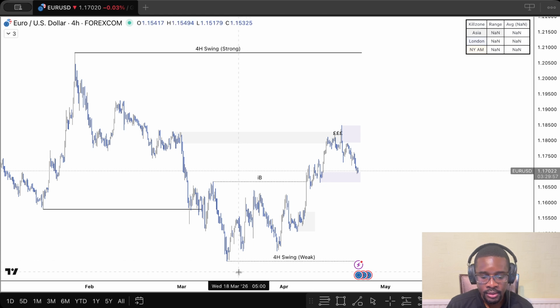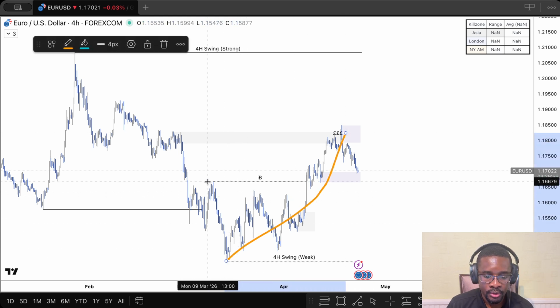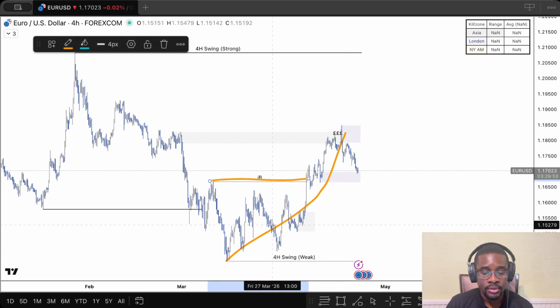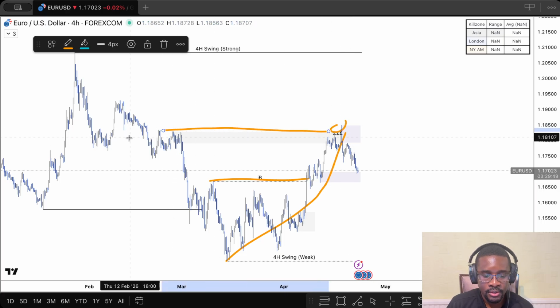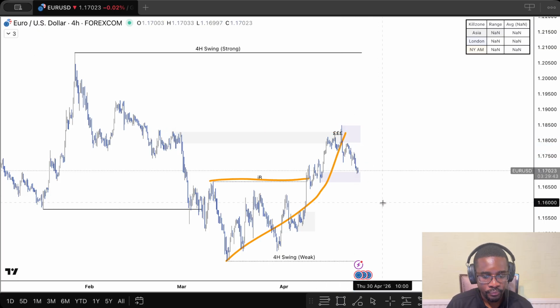However, internally we are bullish. This was the last break of structure to the upside, and then since then we had a sweep of these highs, so we took all this liquidity. And now price is reacting strongly to the downside.